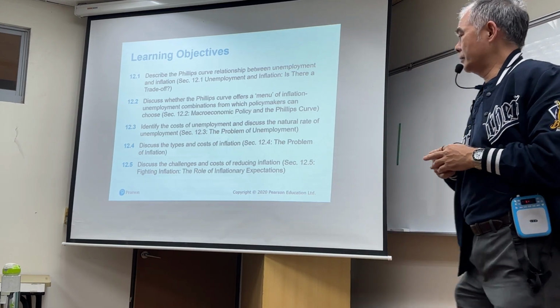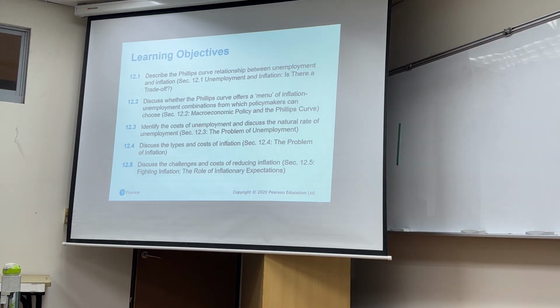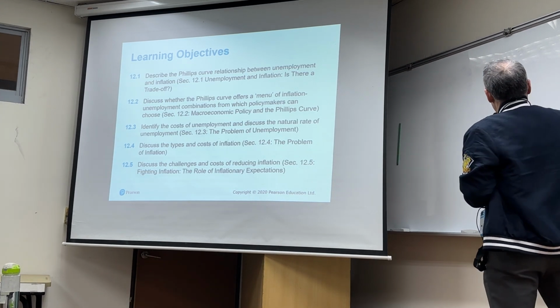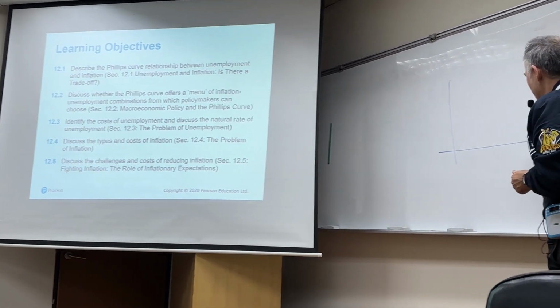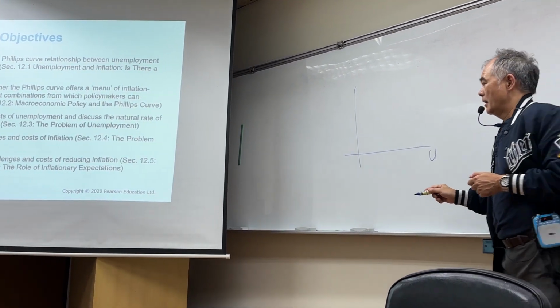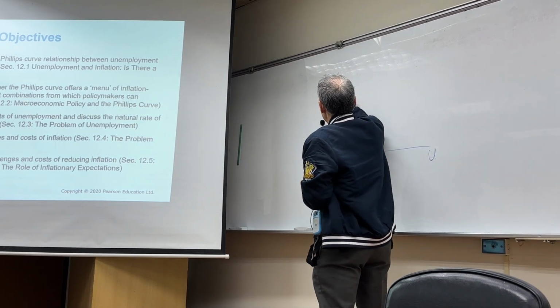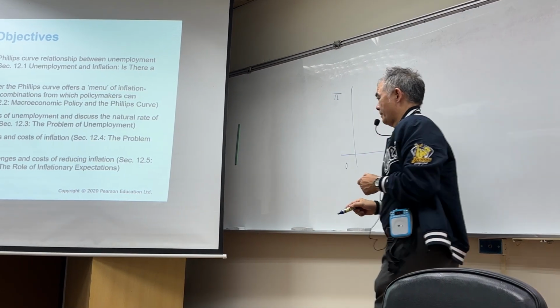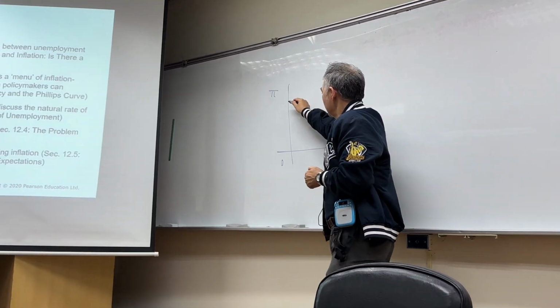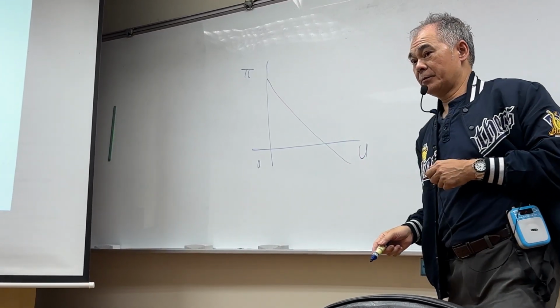So let us look at the diagram here. Here is unemployment, and here we use pi as inflation. Basically it looks like this. This is Phillips curve.